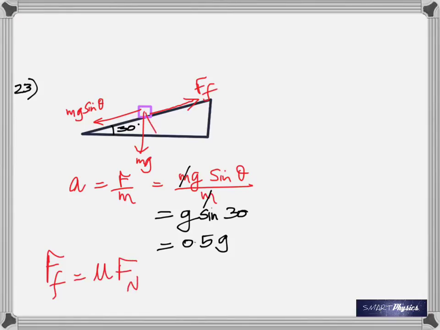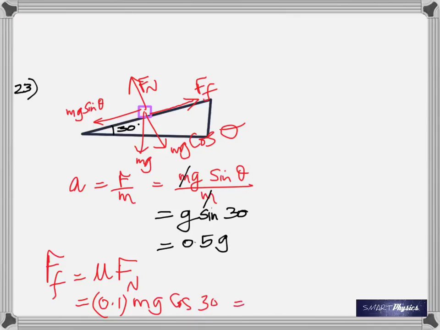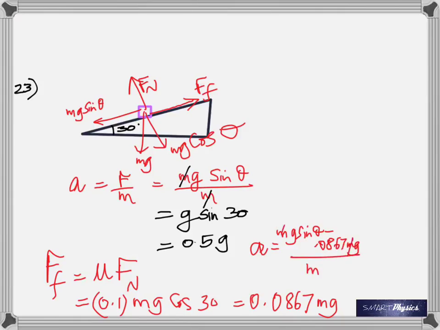And you know that frictional force is mu Fn? I'm just trying to add on to that question. That's just if there is friction. And if you assume that mu is 0.1, then the frictional force would have been that much. And therefore, the acceleration would now be mg sine theta minus that force, divided by the mass.